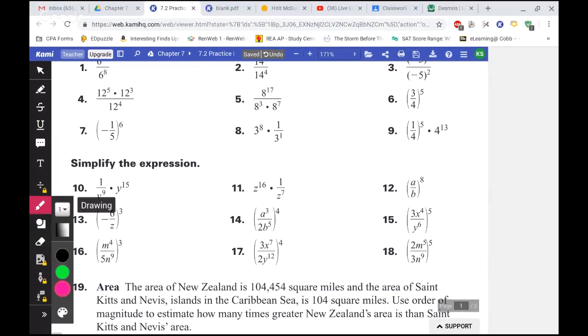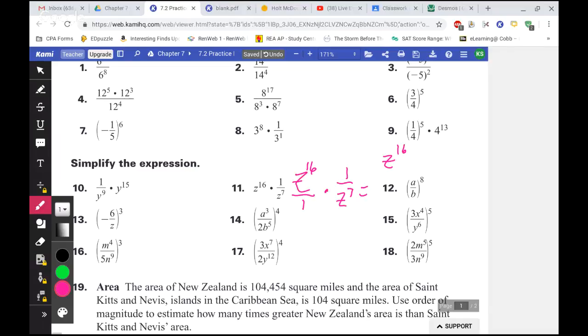Okay, number 11. Very similar, except this time the whole number is in the front. So we'll have z, oh, nice z, Miss Sparks, z to the 16th over 1 times 1 over z to the 7th. So we multiply z to the 16th times 1.